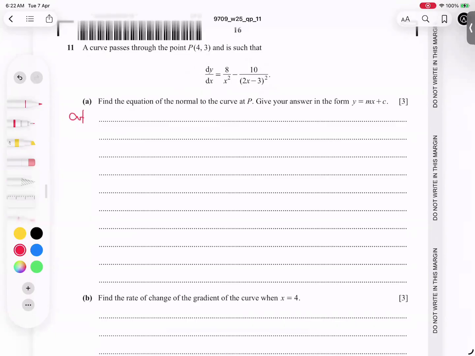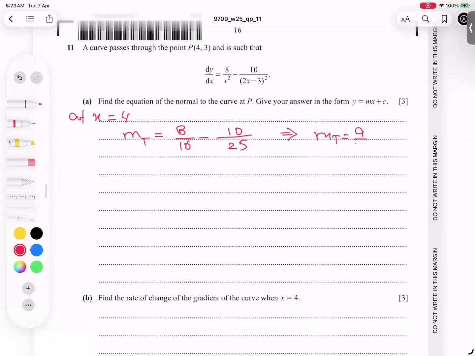At x equal to 4, when I plug in, it will give us directly the gradient of the tangent. So 4 squared is 16, and putting 4 in the other part, 25. If we check it in fraction form, it is giving us 9 over 10.